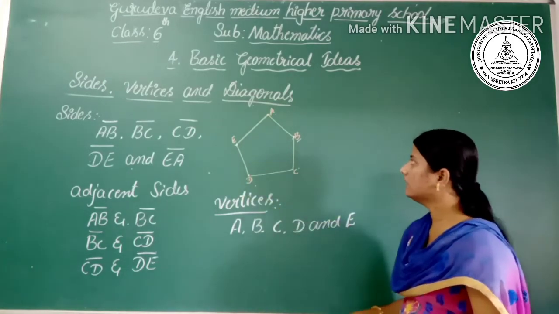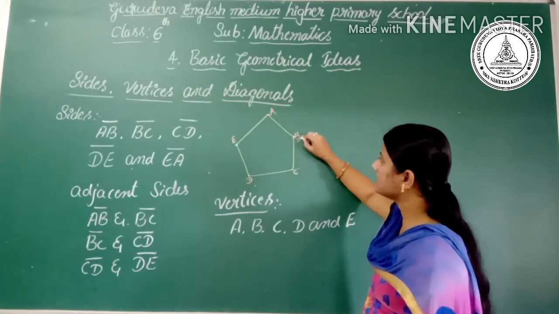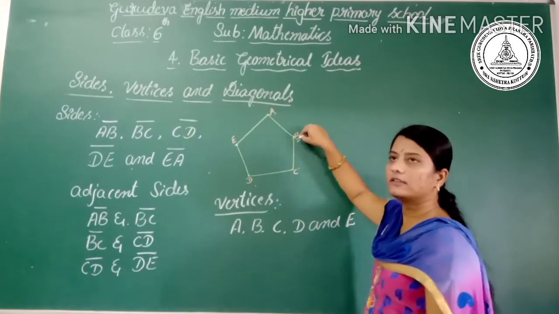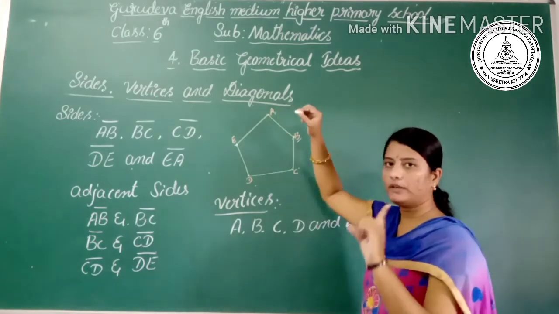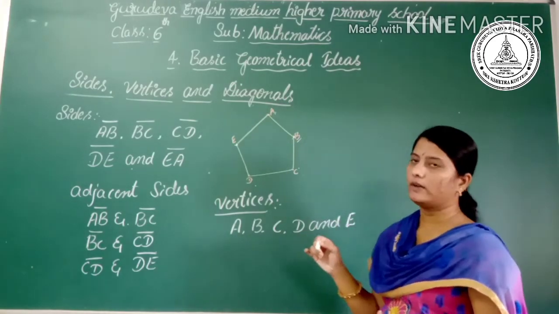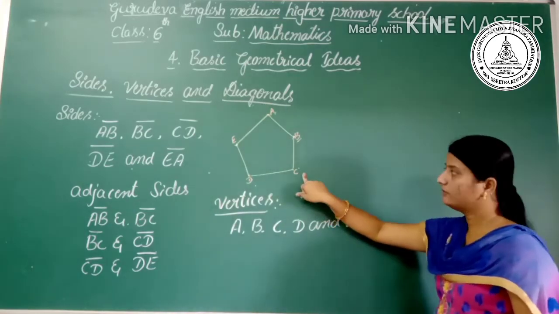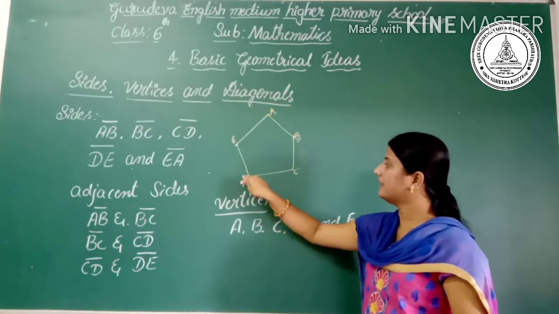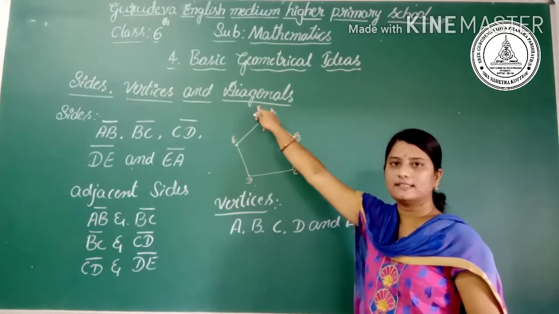You can observe that for the vertex A, B is the adjacent vertex, meaning these two points have only one line segment between them. So A and B are adjacent vertices. Then B and C, C and D, D and E, and E and A are adjacent vertices.